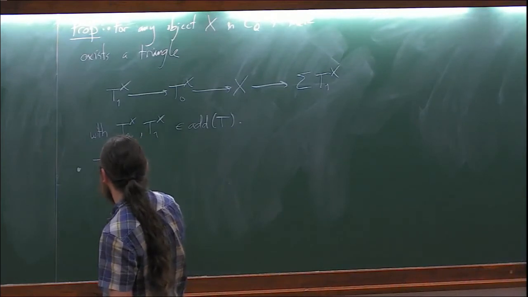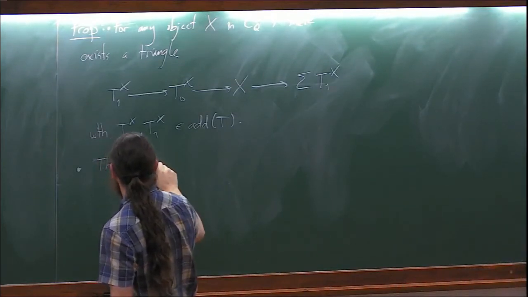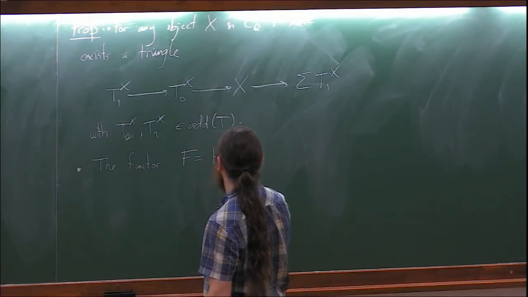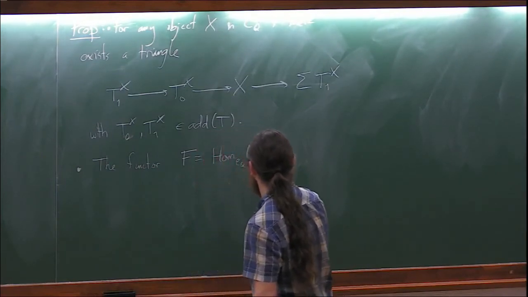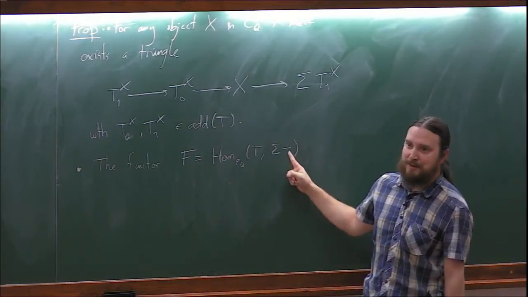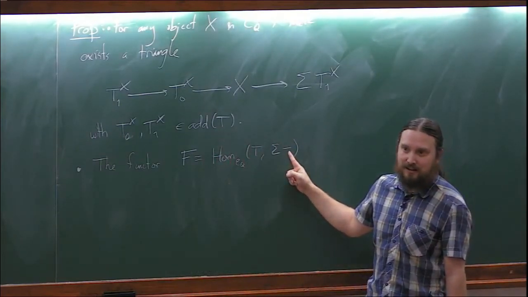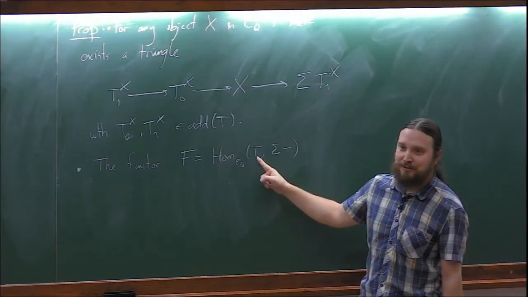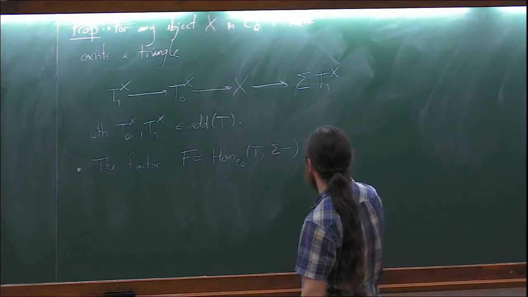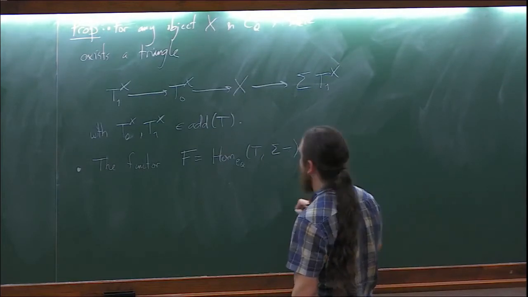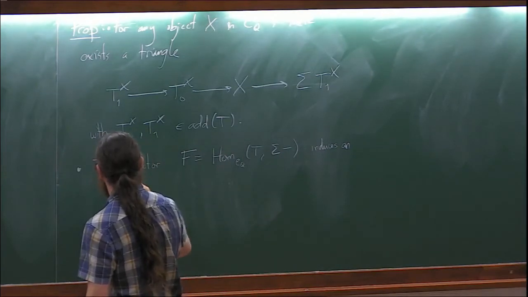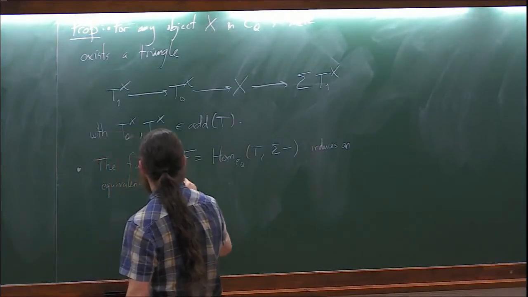So the following functor, I'll call it F again, but this time I take extensions with T. So if I replace this blank by any object X, I get a right module over the endomorphism algebra of T. So this induces an equivalence of K-linear categories.